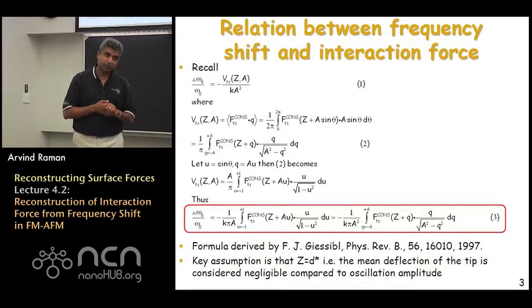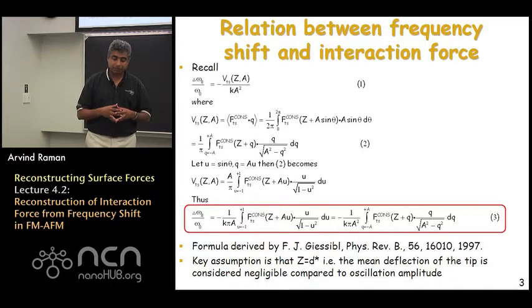It is useful to look at it in a slightly different context and write the virial in terms of this new variable u, lowercase u, which is basically sine of theta. If you make that change of variable, the virial can be written in terms of an integral from -1 to 1, as shown. And when you take this form of the virial and plug it back into equation 1, the expression for frequency shift turns out to be as shown.